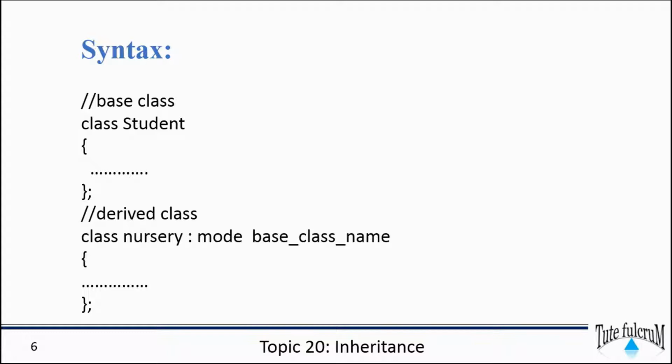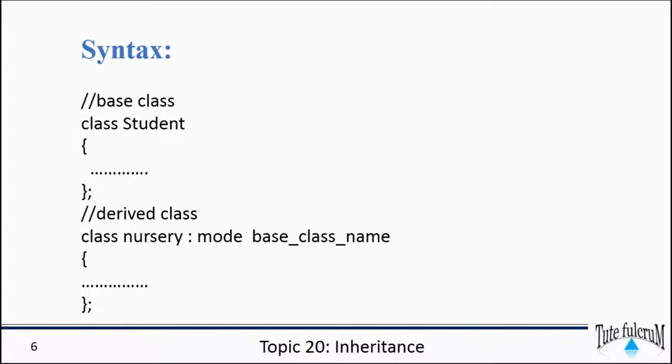Specify the keyword class followed by the class name, say for example nursery. Use the colon operator. Then you will have to specify the mode in which the child class is created, or how you are inheriting the child class. There are three modes in which you can inherit from a parent class in C++.